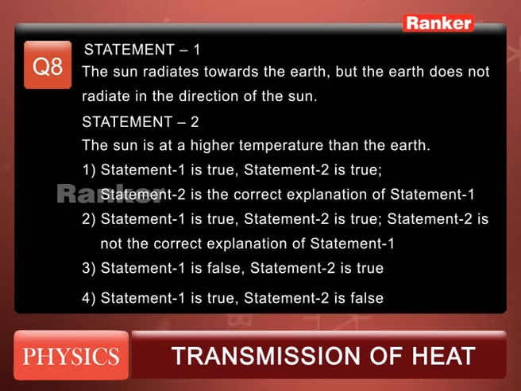Second option: statement 1 is true, statement 2 is true, but statement 2 is not the correct explanation of statement 1. Third option: statement 1 is false and statement 2 is true. Fourth option: statement 1 is true and statement 2 is false.